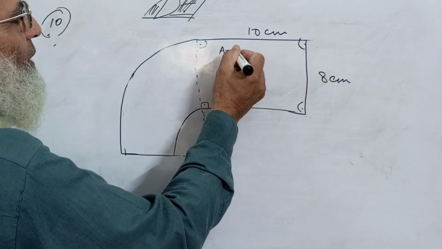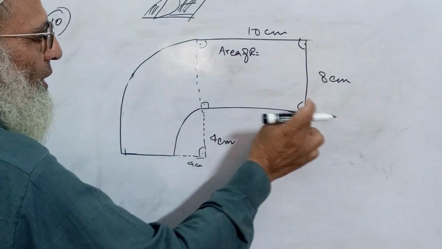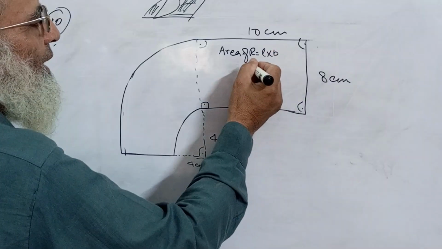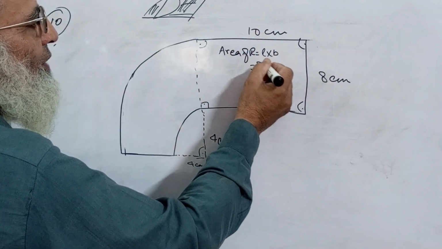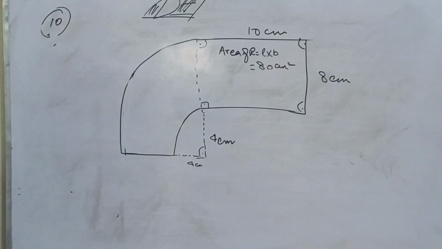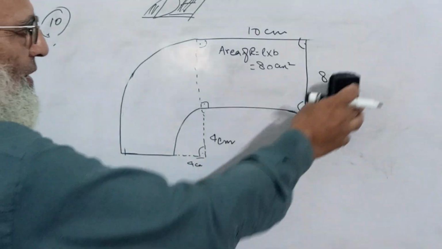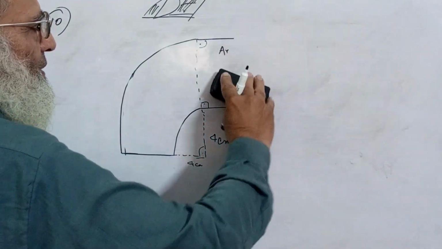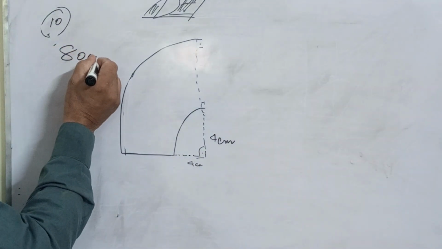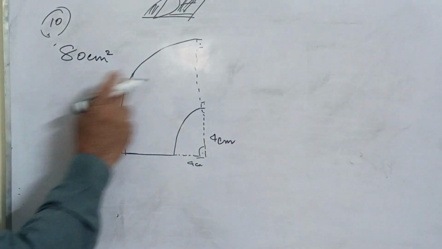Area of the rectangle from here to here to here to here is length into breadth, that is equal to straight away 80 centimeters square. Now this is very easy, up till now it is very easy. Now what is left here? We'll keep the answer, 80 centimeter square, for that rectangle.